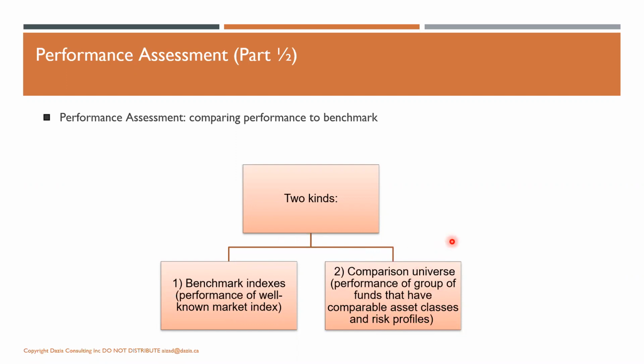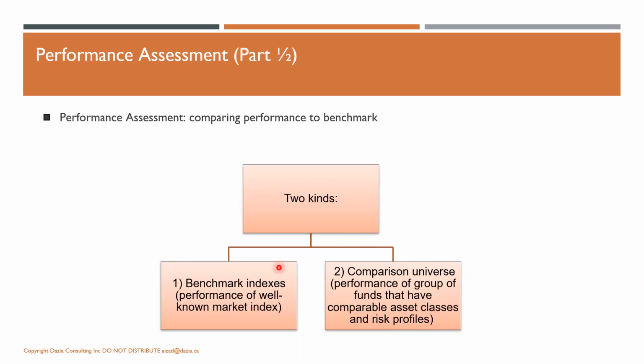Suppose you want to look at the performance of a student in a school. If you compare the student with their own classmates, who have had the same teachers and the same facilities, that is like a comparison universe. In that class, some people will do really well, some will do average, some will do poorly.